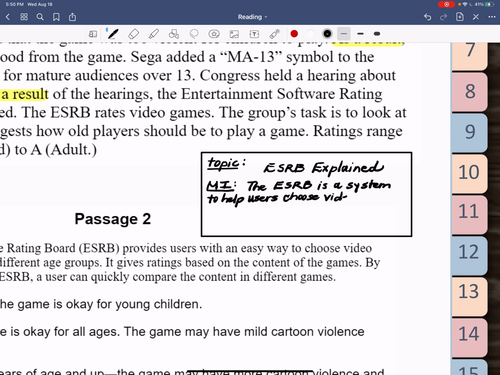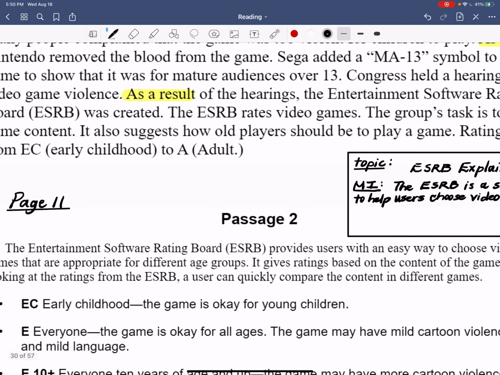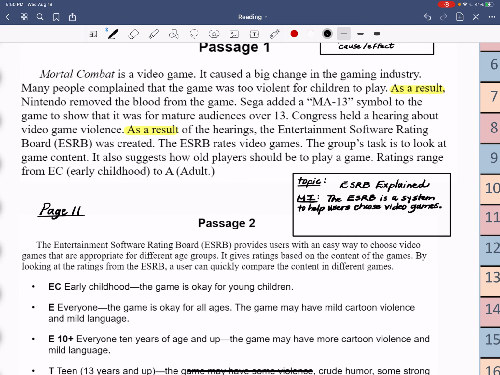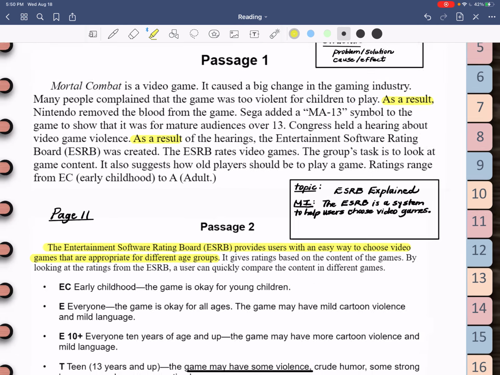There's actually a sentence in here that would work very well for the main idea, and I'll highlight that for you. Let's see. Right here. The ESRB provides users with an easy way to choose video games that are appropriate for different age groups. That's a very good main idea.